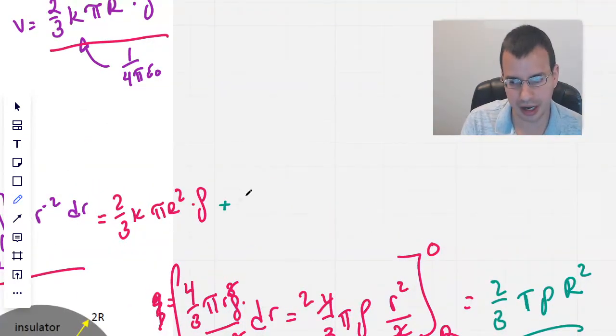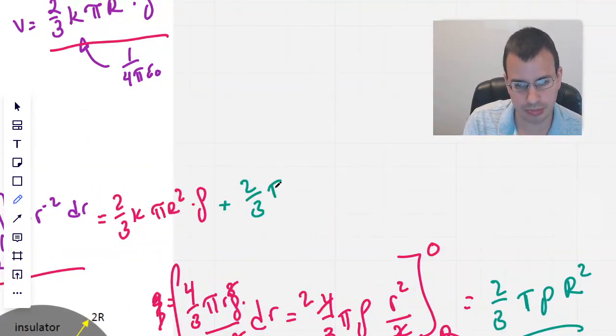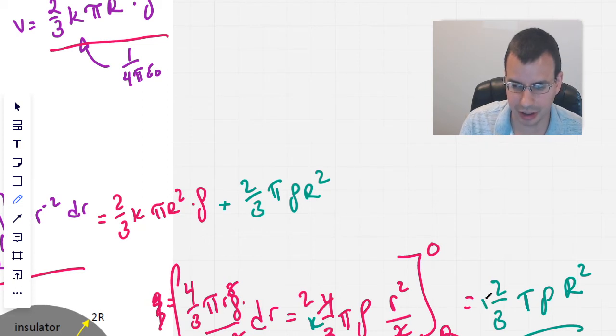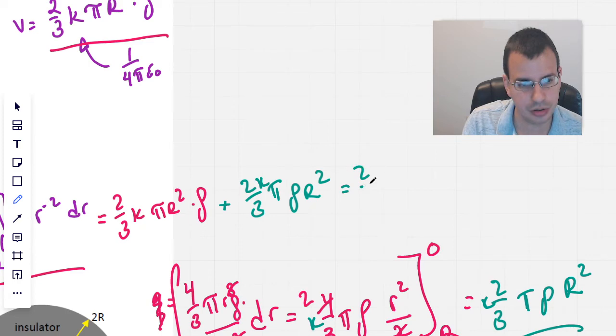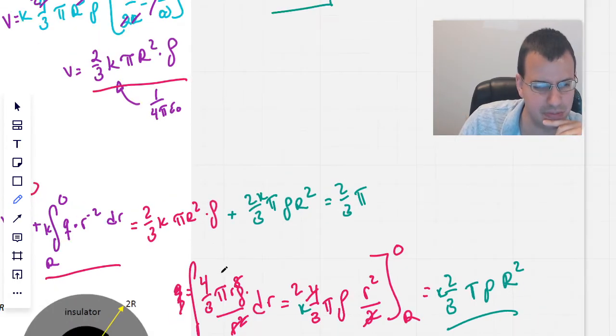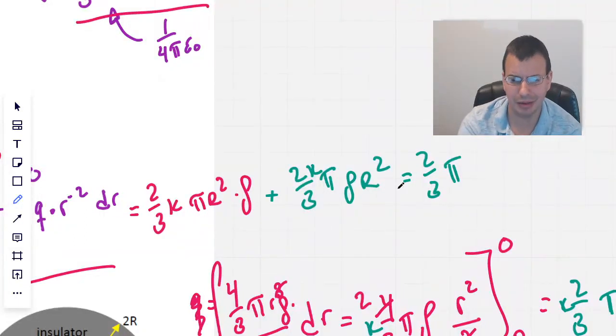So then we're going to add on 2/3 pi rho r squared. I think there's supposed to also be a k. Did I forget the k? I'll put in a k. There we go. I know, very haphazard. So we have 2/3 pi. Wait a sec, is this just double? That feels suspicious. Seems right, I'm going to go with this.